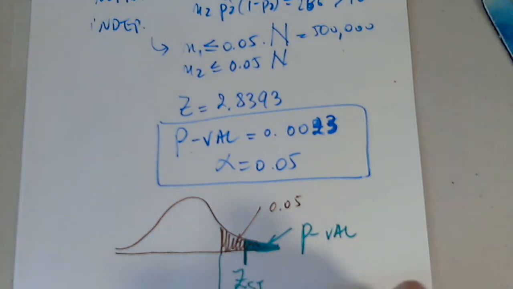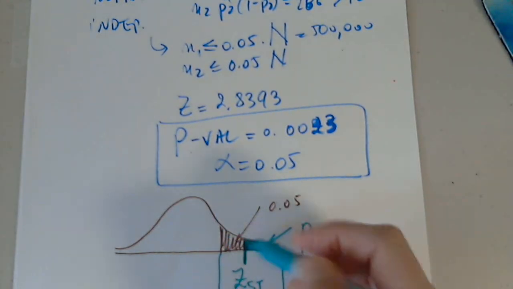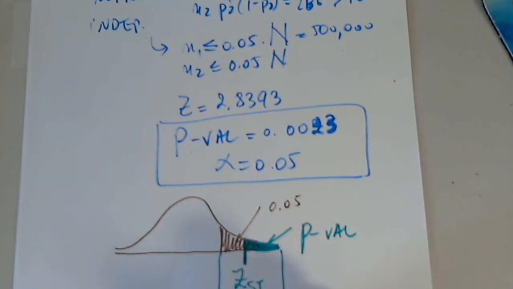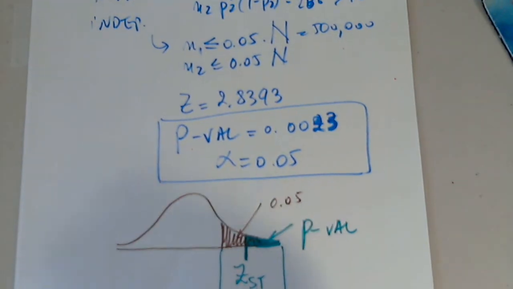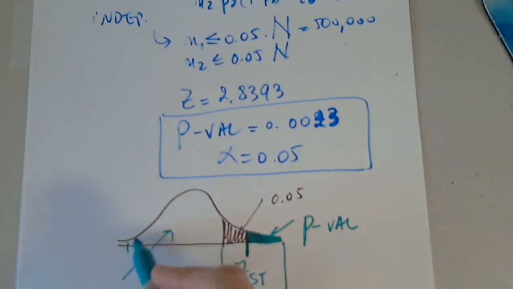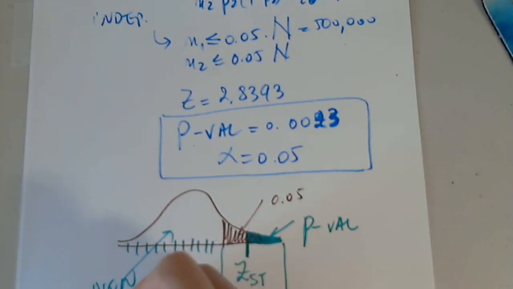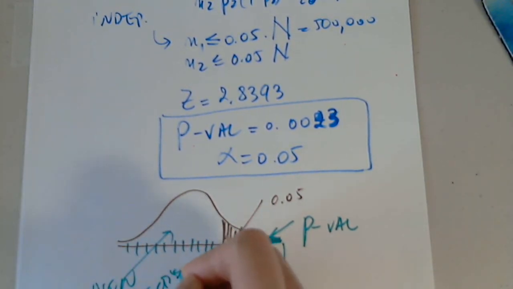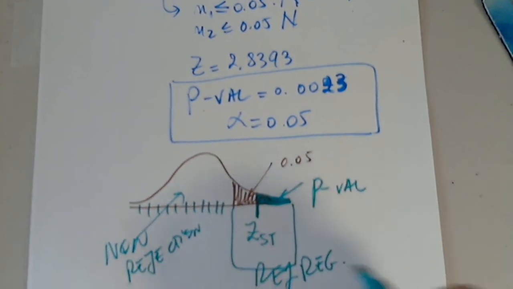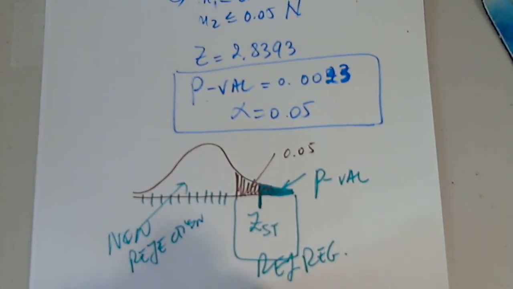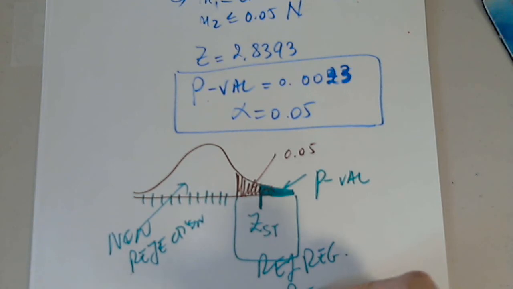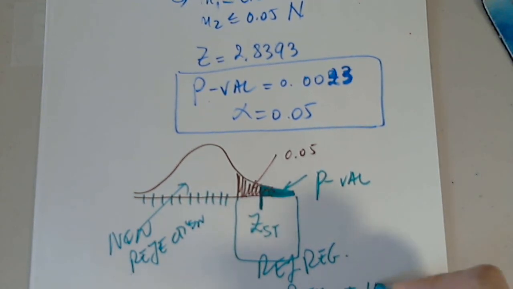And all this area is rejection region. Anywhere here is non-rejection. So p-value less than alpha, reject H naught.